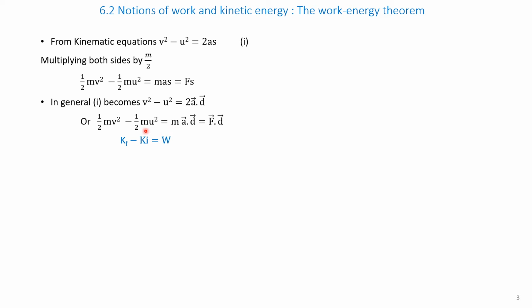Therefore, half mv square is the final kinetic energy, represented by the letter K suffix f. Half mu square is the initial kinetic energy. Therefore, Kf minus Ki is equal to vector F dot vector d, which is W, the work done.